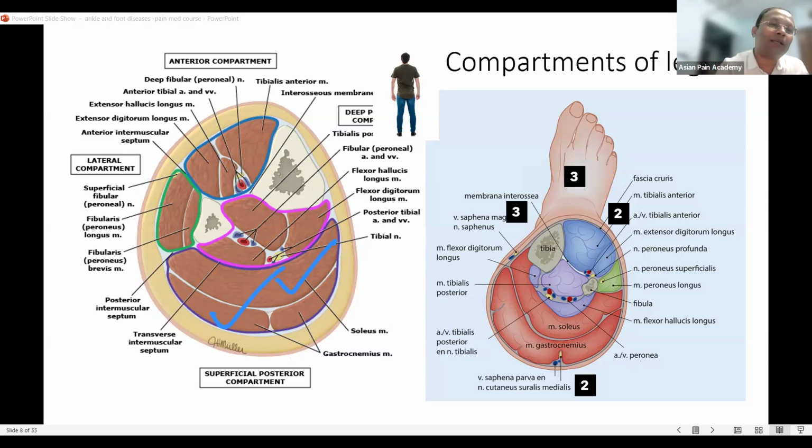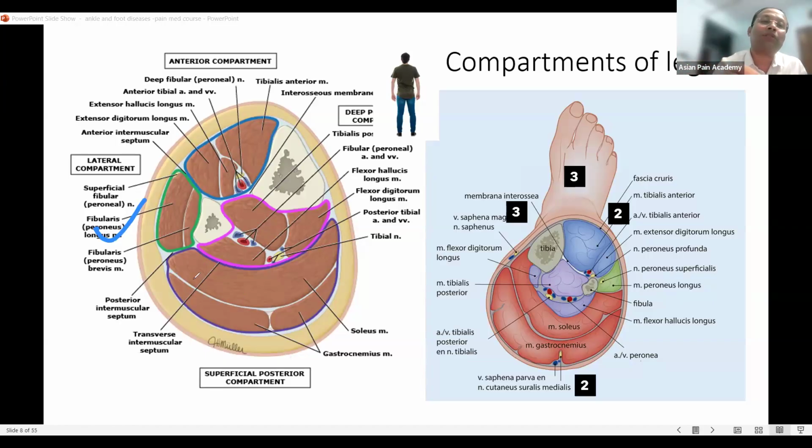The peroneal compartment has the tendons of peroneus longus and brevis. One important thing is that peroneus brevis is near the bone, the fibula. B for bone, B for brevis. The brevis muscle and tendon are always closer to the fibula, and not the peroneus longus.